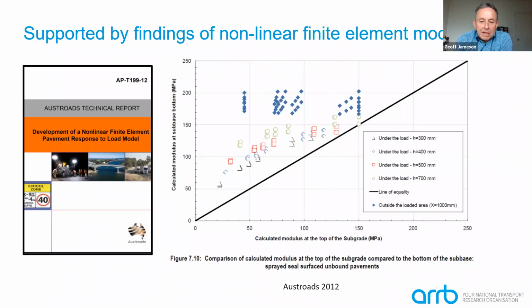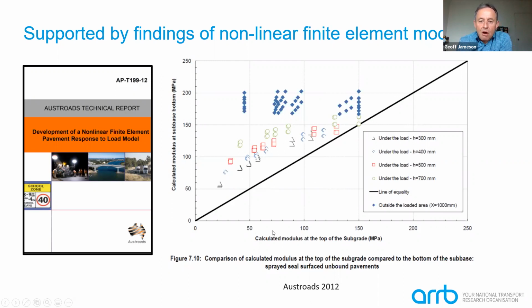And when we look at the finite element modelling about the effect we see there, it does confirm the fact that we should be limiting the granular modulus depending on the support provided by the subgrade. You can see here that we have modelled different subgrade modulus values, and we've then plotted what the finite element method generates in terms of the subbase modulus at the bottom of that layer.